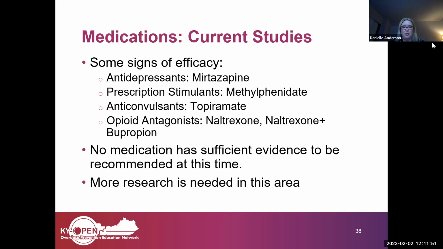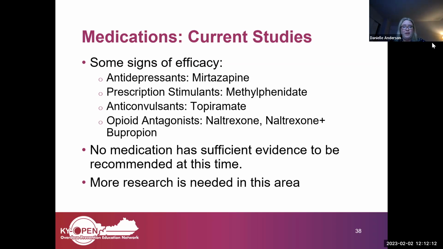Methylphenidate, which is a prescription stimulant used to treat ADHD, has been studied in methamphetamine use and dependence. Topamax, which is an anticonvulsant, and maybe some of you recognize this as topiramate, a headache medication, has been used to treat cocaine use disorder.